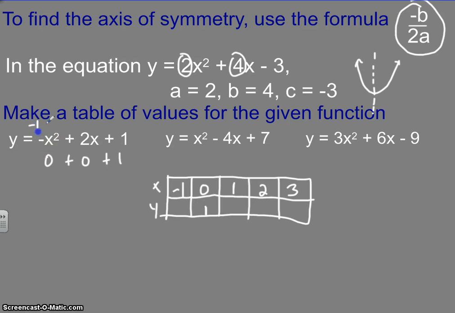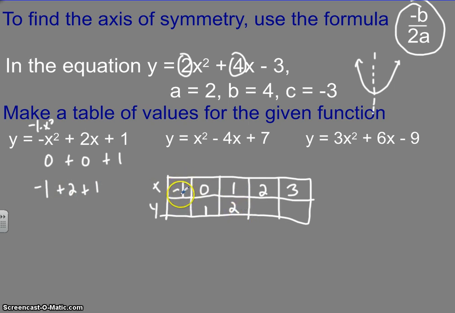It's like I'm multiplying negative 1 times x squared. If I square 1, I get a positive 1. Now multiply that by negative 1, and I get negative 1. 1 times 2 is 2. So this is 3 plus negative 1, which is 2.